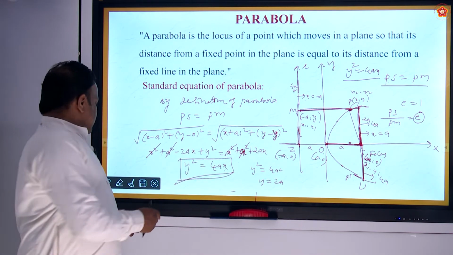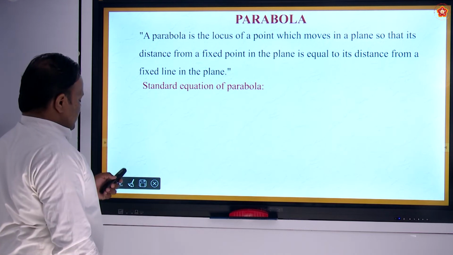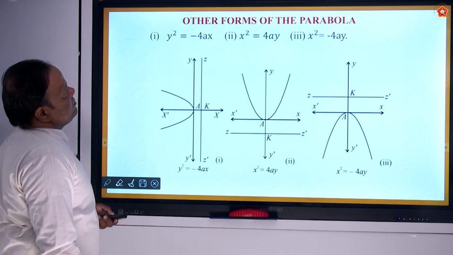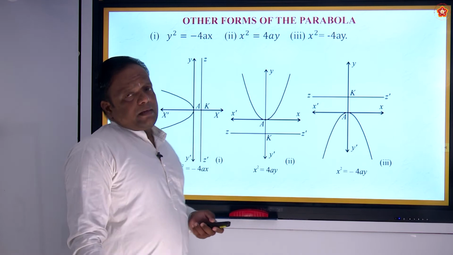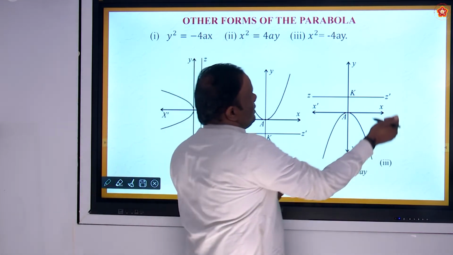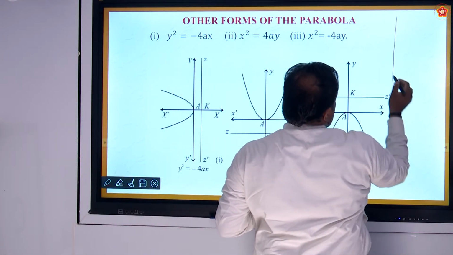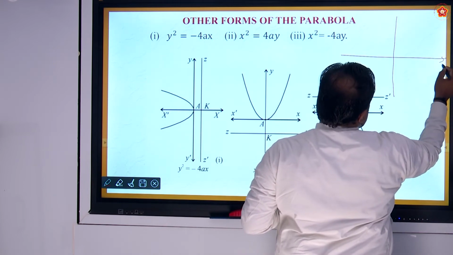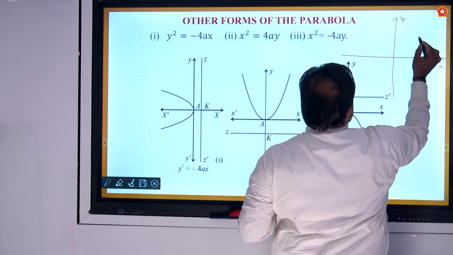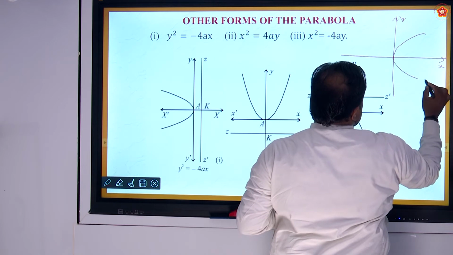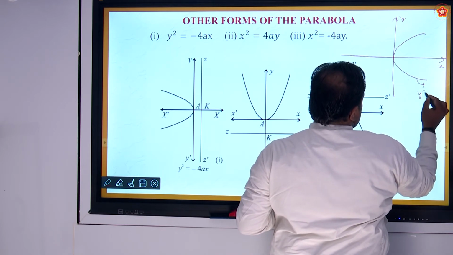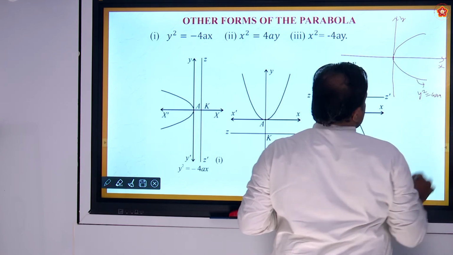Okay. Let us see some other forms of the parabola, different forms of parabola. Observe here, I draw one figure. This is x-axis, this is y-axis. Already we learned the standard equation of parabola, y square is equal to 4ax.